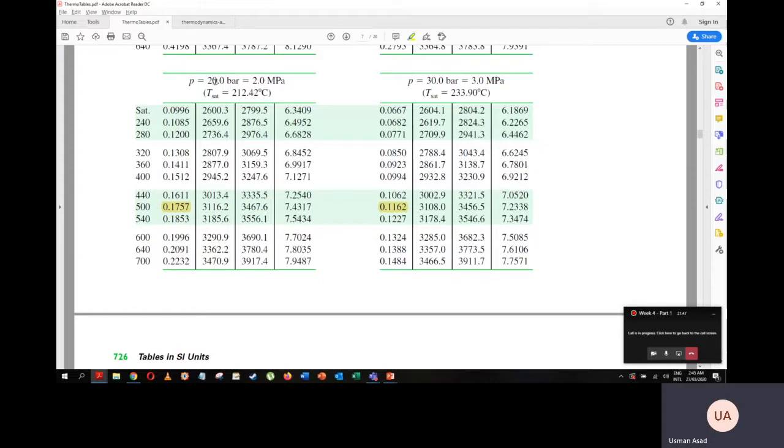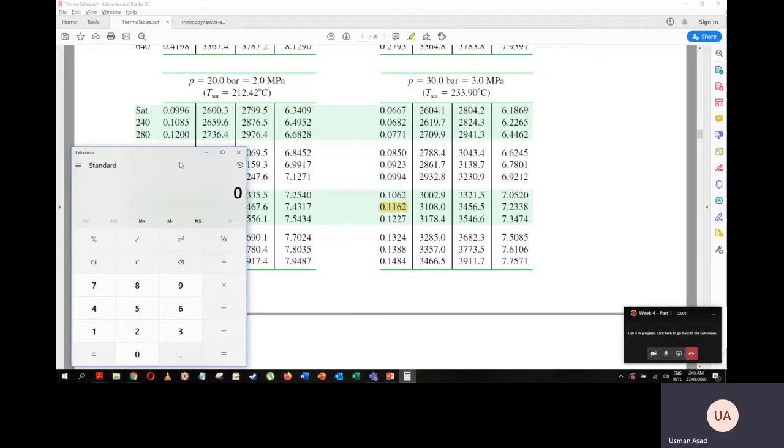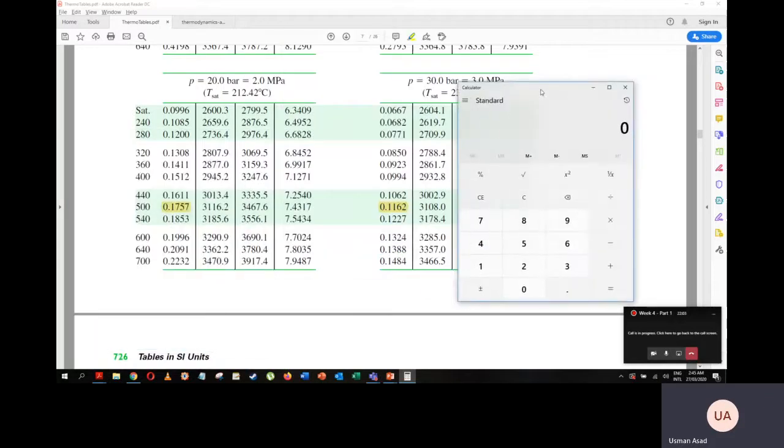pressure जब 20 बार है, तो I've got a volume of 0.1757, और pressure जब 30 बार है, तो I've got a volume of 0.1162. ठीक है? And before I do any crazy interpolation, if you just take an average between these two, if I just take an average of 0.1162 plus 0.1757 and divide by 2, I actually get 0.1459.